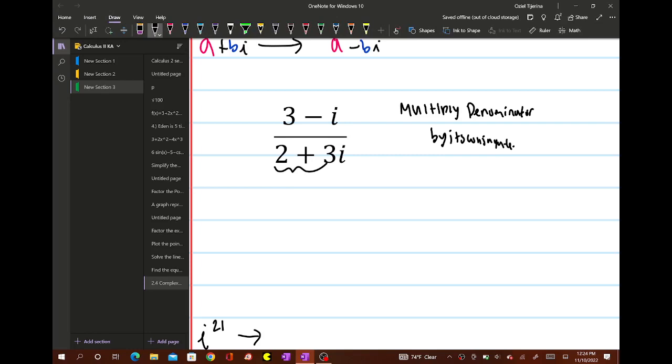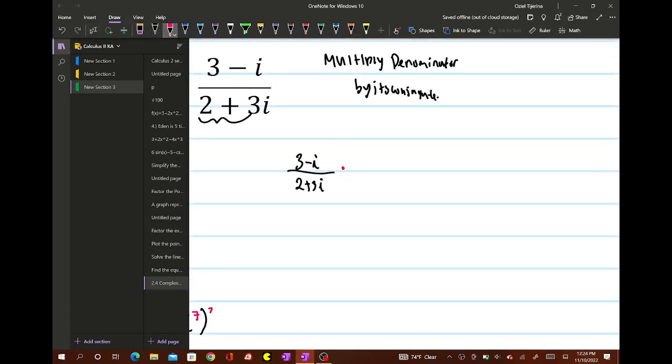conjugate is 2 minus 3i, so if we rewrite it, we're gonna go ahead and multiply by the conjugate, 2 minus 3i on top and bottom.